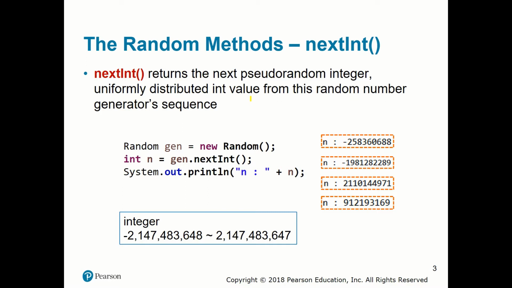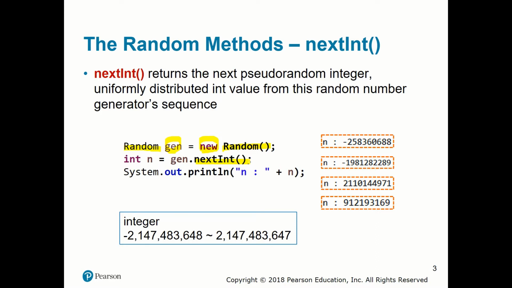Let's see an example. A Random object can be created like this: Random class, a reference variable, new keyword, and the constructor for the Random class. And then the nextInt method is called here.